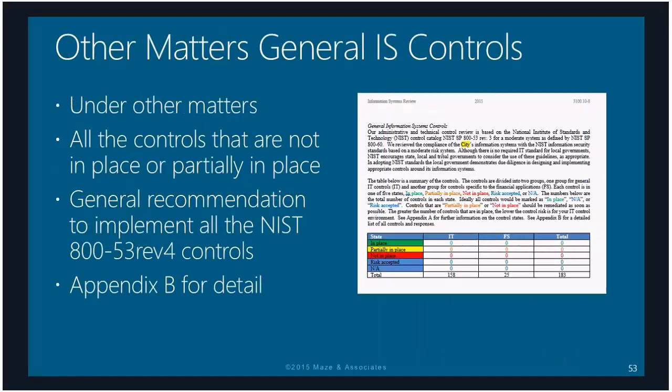Under other matters, then we have another one where we just say, hey, all those other controls that you put partially in place or not in place, you should address those. Either do a risk assessment, determine that you don't need to have the controls, and then change the questionnaire next year to risk accepted, make sure it's documented. But all those other controls, you should work on fixing those.